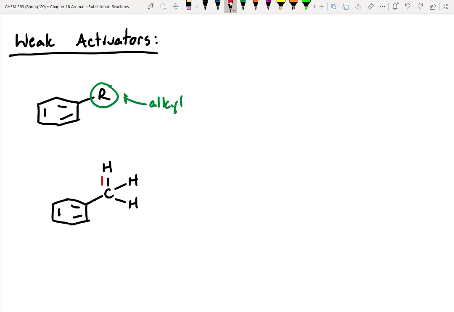Carbon's slightly more electronegative than hydrogen, so my arrow should be going this way. There we go. So if you look at the electronegativity table, hydrogen's, I think, about 2.1 and carbon's 2.5. So carbon's slightly more electronegative, which means that this carbon is electron rich, at least somewhat.